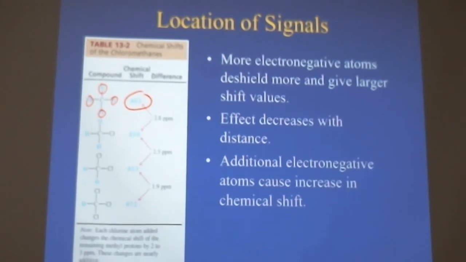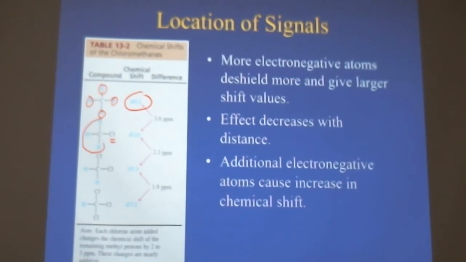Now, everything else is the same except I could have replaced this hydrogen with a chlorine. Clearly, this is more electronegative. So, the signal for these hydrogens, we're only looking at proton NMR here, so we're only looking at hydrogen. But because this chlorine is sucking electron density away, these hydrogens are more positive, they're more de-shielded. The shield of electrons has kind of gone away. And more de-shielded comes further downfield.